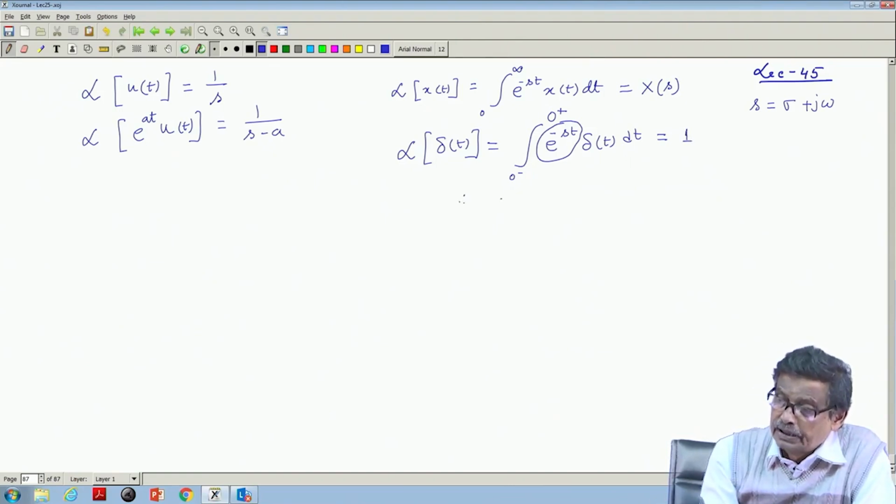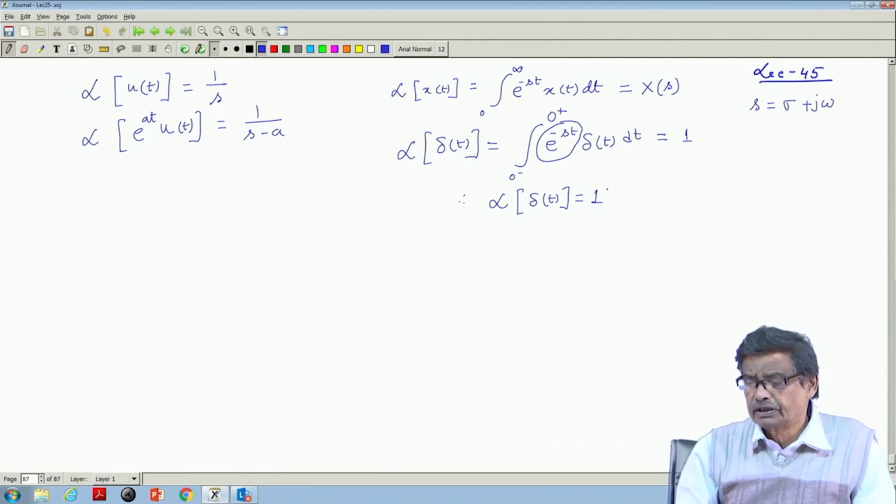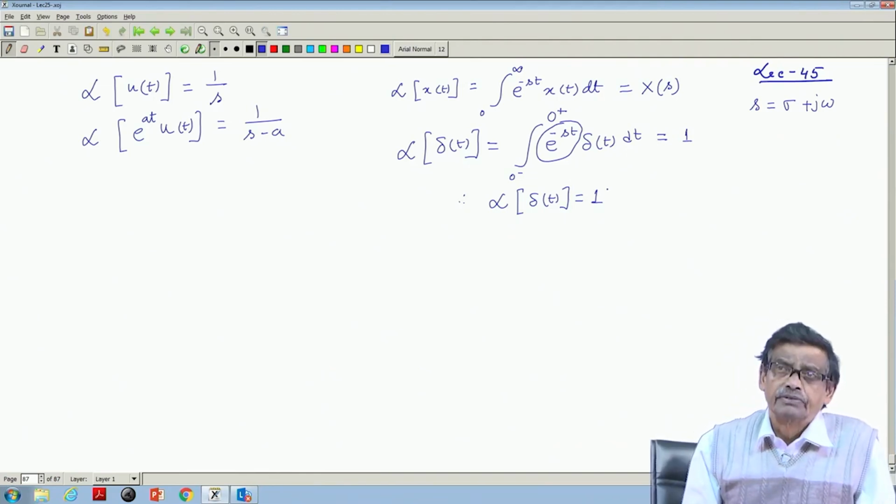Therefore, mind you, the Laplace transform of delta t is equal to 1. This is another useful result. Apart from that, we have found the Laplace transform of the differential of a function, the integral of a function, and so on.